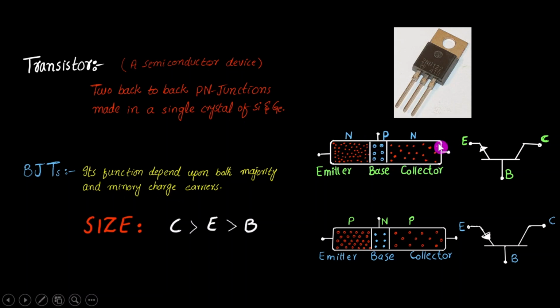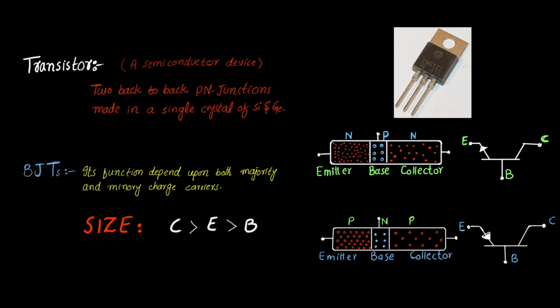After the collector, the size will be greater for the emitter, and very little size will be for the base. So this is the pattern: the collector size will be greater than the emitter size, which will be greater than the base size.